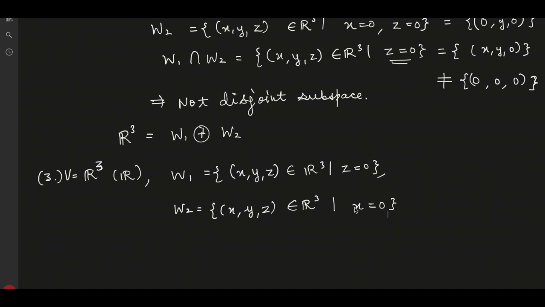They are also not disjoint. What will be their intersection? It will be (0, y, 0). Y is common, no? So it is not disjoint.